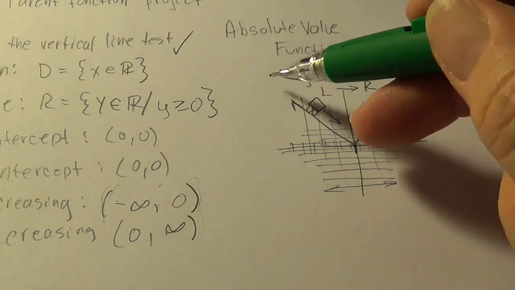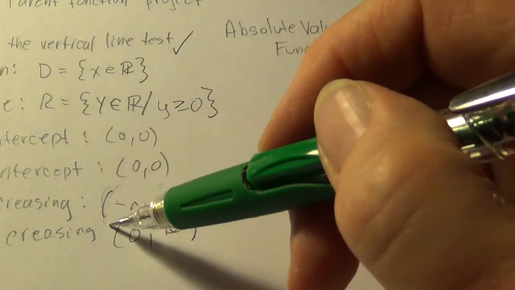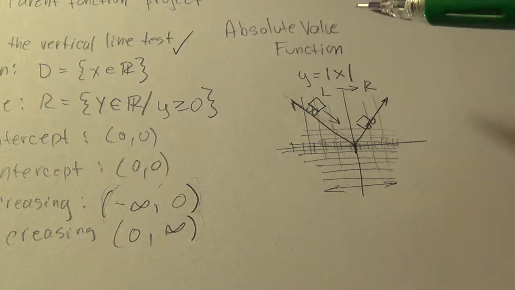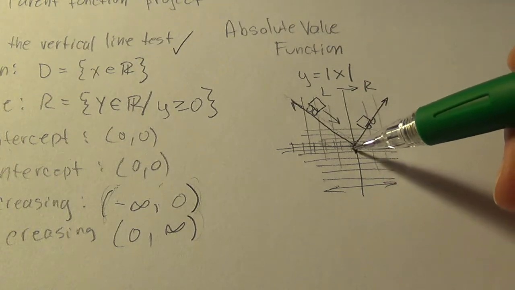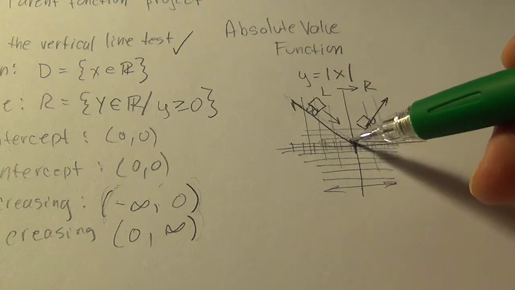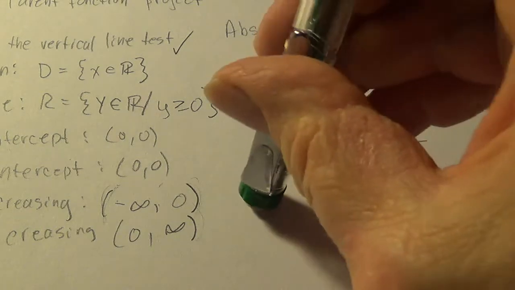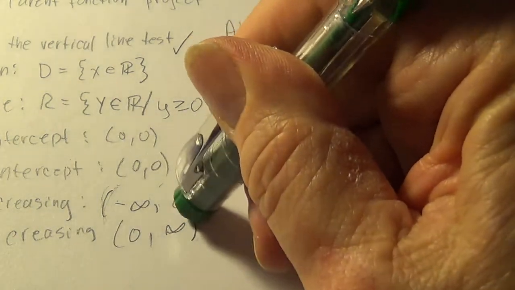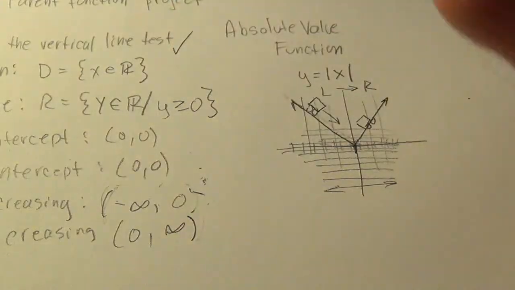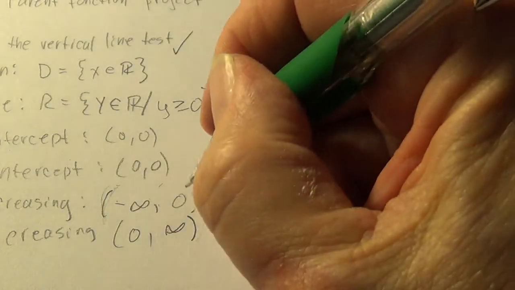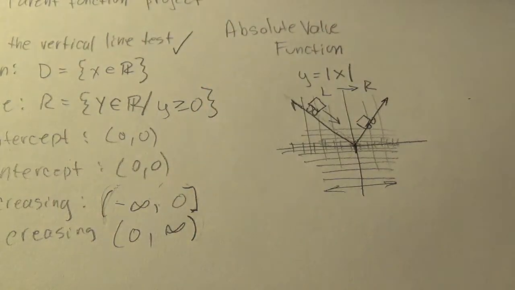It's clear that infinity is never reached, so infinity and -infinity will never be included. And the 0 value could go with either section, so we do have a choice. We could say that it does include the 0 value, and that way we would put a bracket.